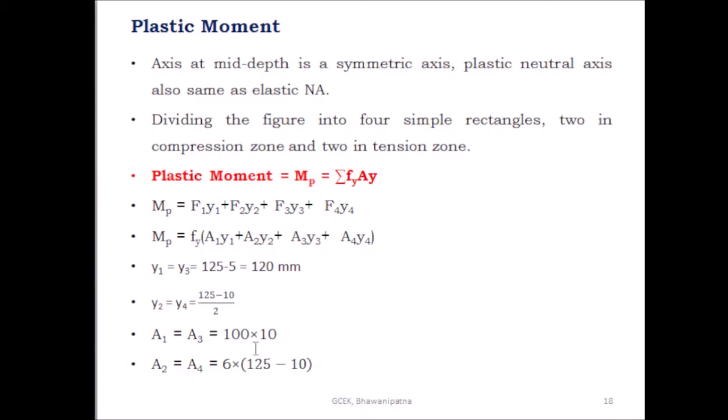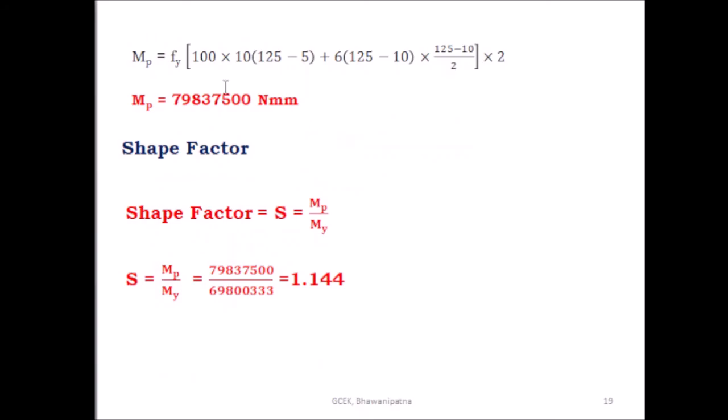And A1, A3 is equal to 100 into 10, and A2, A4 is equal to 6 into 125 minus 10. Then after putting the values, MP is equal to 79837500 Newton mm.